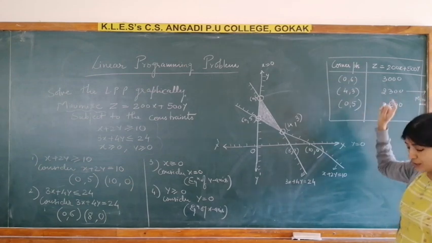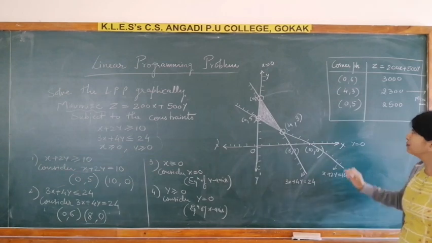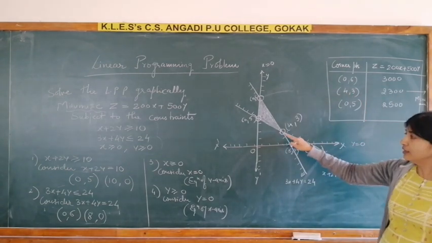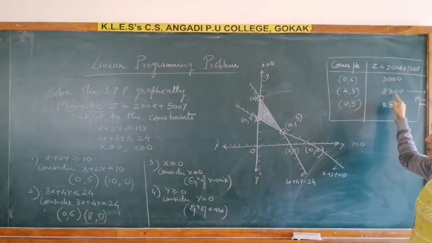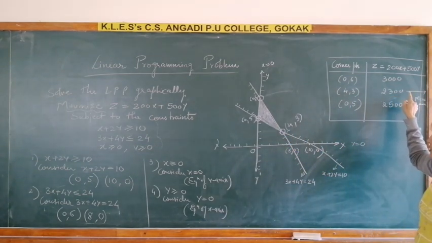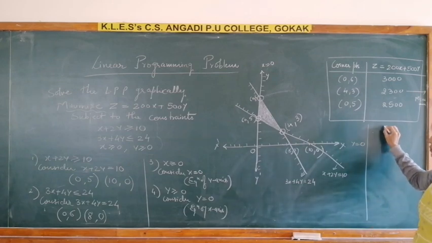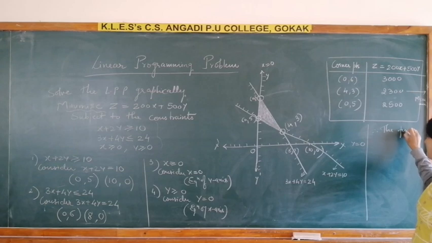So, the objective function z is minimum at the point 4 comma 3. Here it is minimum and the minimum value is 2300. So, finally what you have to write as the answer?